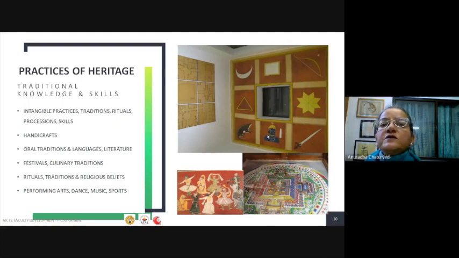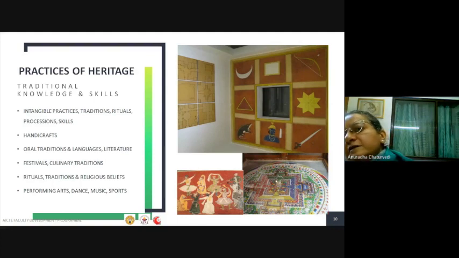Intangible heritage also includes festivals, the culinary traditions of different places. It includes rituals, traditions, and religious beliefs, such as those which are shown here, related to Vastu, the cosmological kind of dimension of the physical environment.